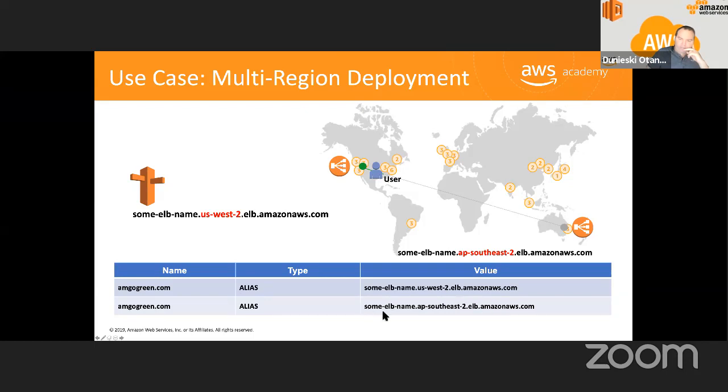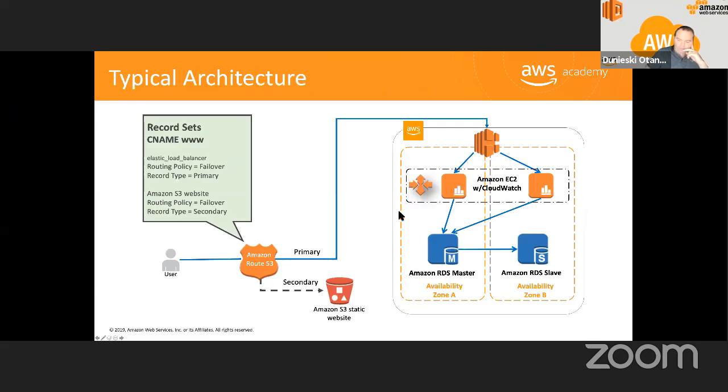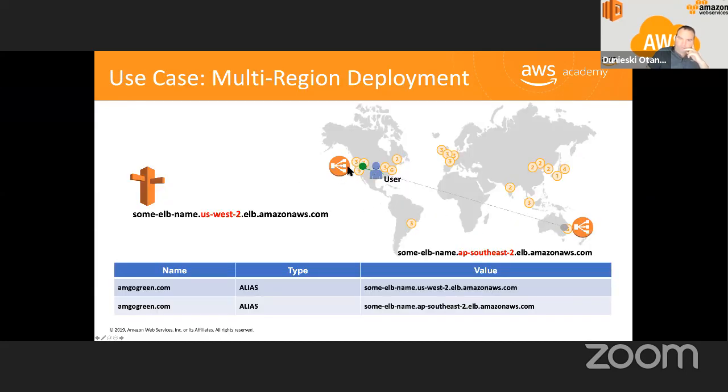It's in Australia, right? So you can deploy this in different regions, right? Using 2 elastic load balancers, one in each region, okay? By creating 2 aliases, right?